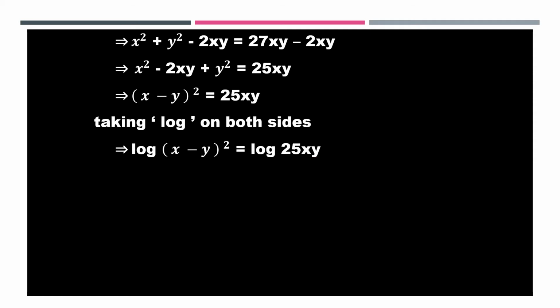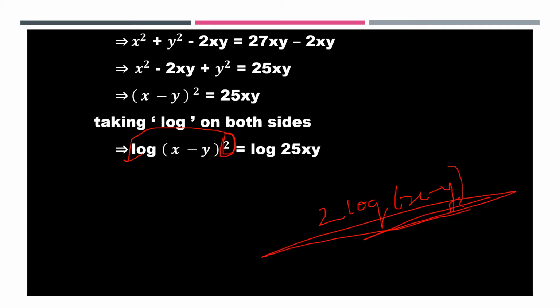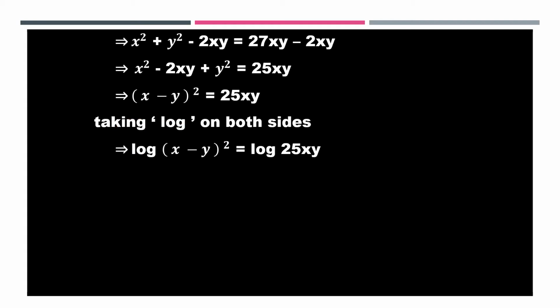Okay, so here we can use this formula now, because 2 is there as power, so 2 will be sent to the front. Then only we will get 2 log (x minus y) whatever is there in the question. So for that we should send this 2 here by using the m log a formula. And here, it is under multiplication: 25 into x into y.